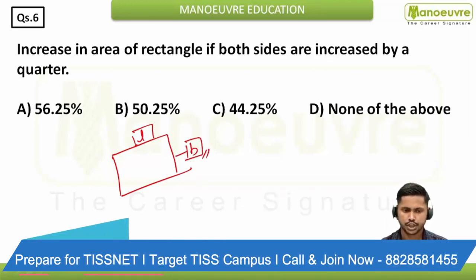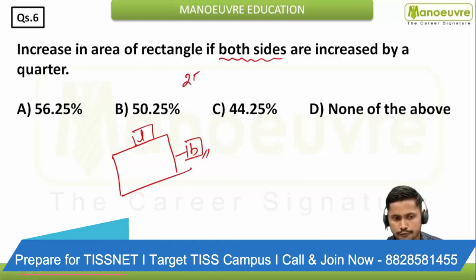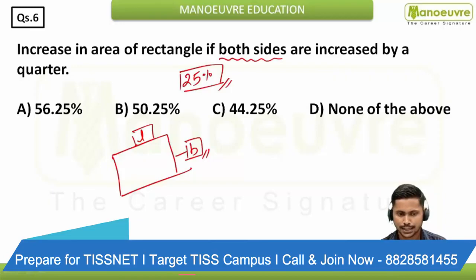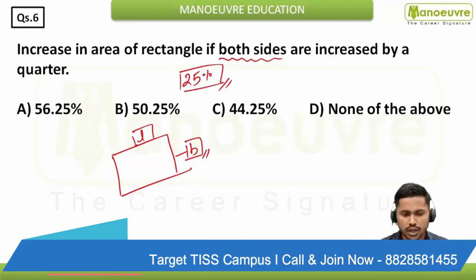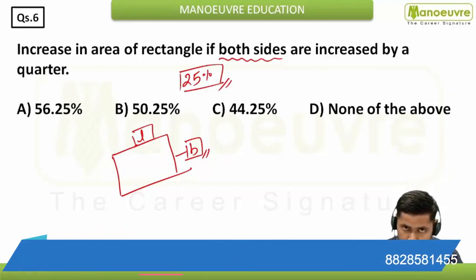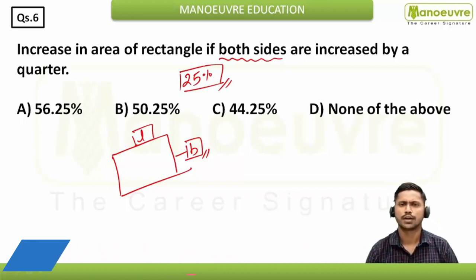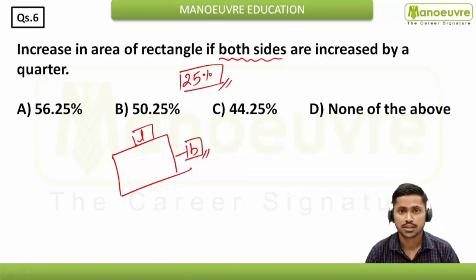Here it is saying both the length and the breadth are increasing by a quarter. A quarter means 1/4, and 1/4 is nothing but 25%. So the length and the breadth of the rectangle are increasing by 25%. What will be the total change in area? How do you find it? By using successive percentage increase.